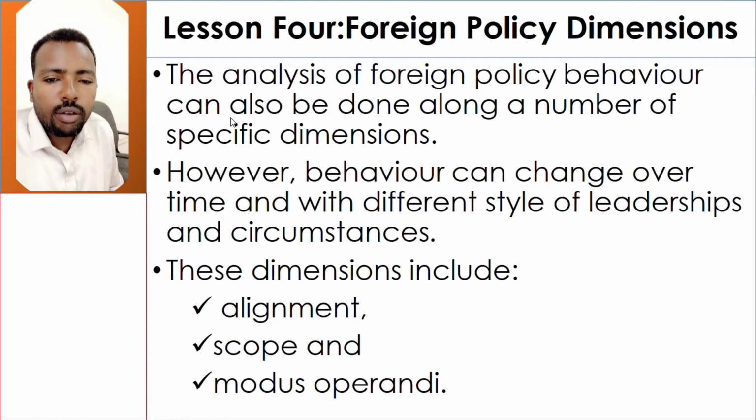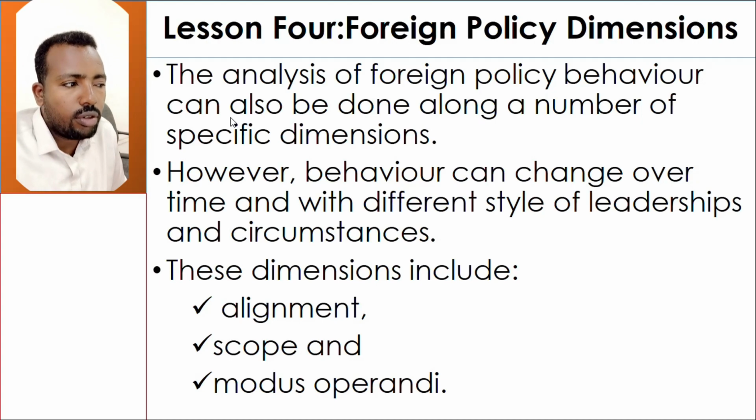Today we are going to discuss lesson 4 regarding foreign policy dimensions. In the previous sessions, we have discussed foreign policy behaviors, patterns, and trends, and we have identified three patterns and trends of foreign policy, such as self-preservation, which is mostly used by the United States of America, and the second one is self-extension.